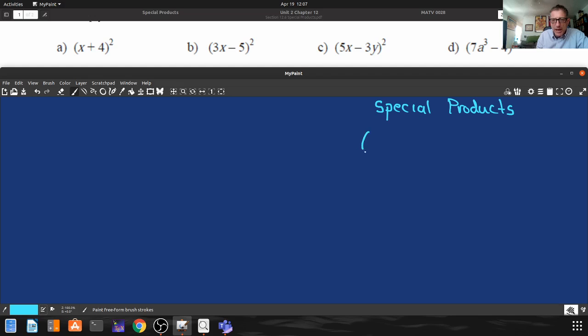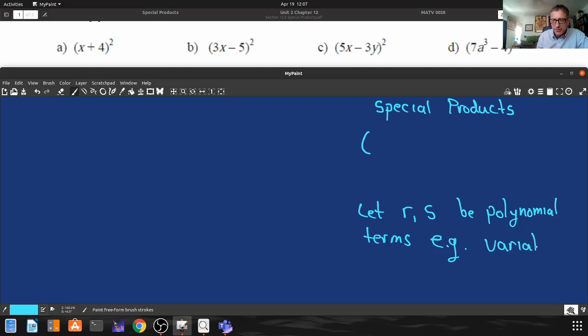So let R and S be polynomial terms. For example, variable terms or constant terms.